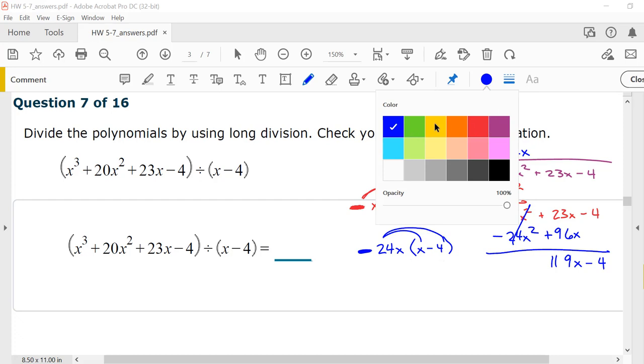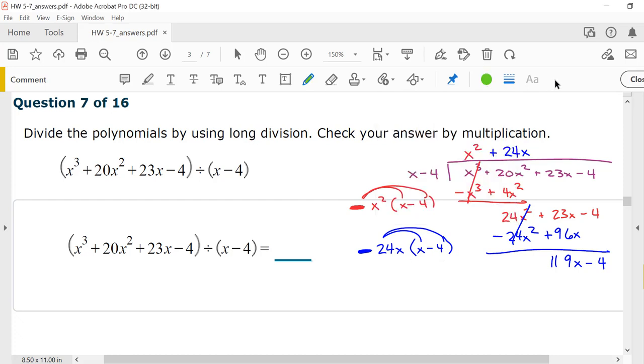One more time. x times what gives me 119x? I get 119. So I need to multiply 119 times x minus 4. But I want to subtract them, so I'm going to put a negative out front. I get minus 119x, and then plus 119 times 4.